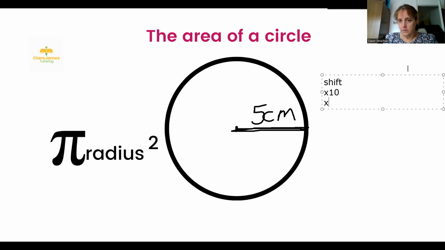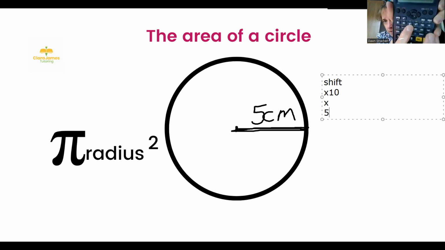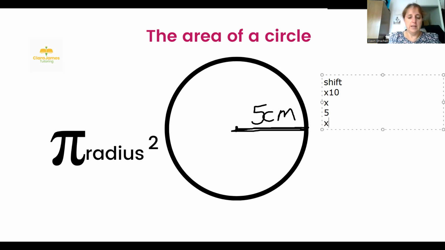And then type in times, and then 5 for the radius. And then the squared button is the X with the little 2 above it. Okay, and so then you'd put the X squared.